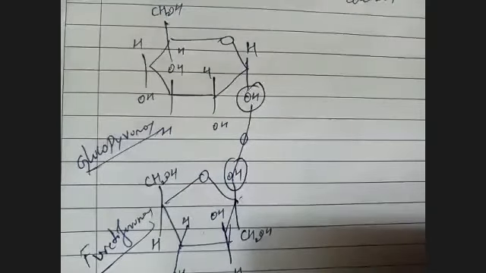Next we have the polysaccharide structures: starch, glycogen, and cellulose. After the biological importance, we are done with carbohydrates, and then we can switch to protein structure. Tomorrow I'll definitely complete the carbohydrates.